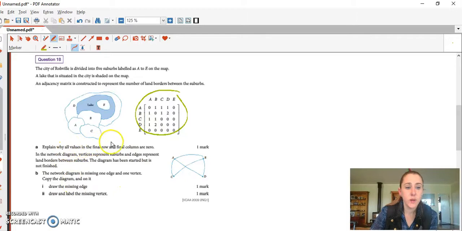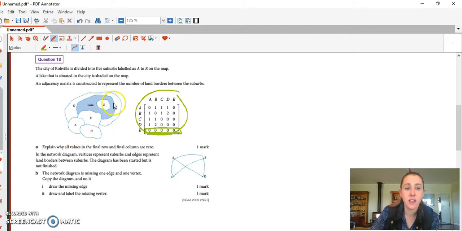Now, we've got this final row here, row E, and every value is a 0. It's asking why that might be. The easiest way to explain it is that if we redrew this as a graph, E would be an isolated vertex, because as you can see with E, there's actually no way to get to E or from E to any of the other suburbs.